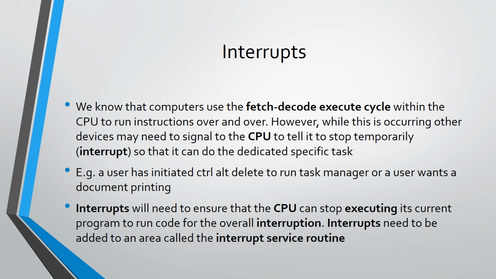This is achieved through interrupts. For example, a user has pressed Control Alt Delete to run Task Manager, or a user wants a document printed. So interrupts ensure that the CPU can stop executing its current program to run code for the interruption. Interrupts need to be added to an area called the interrupt service routine.